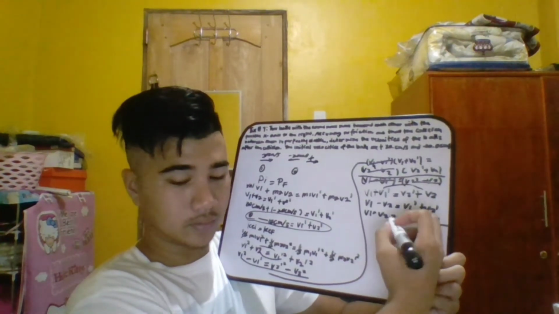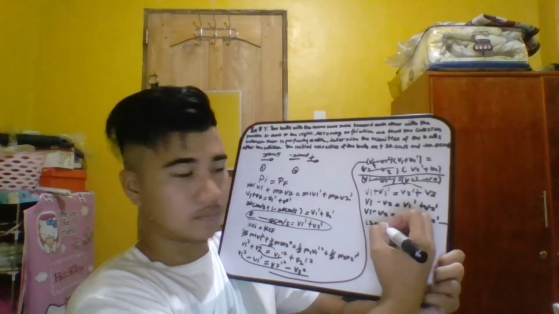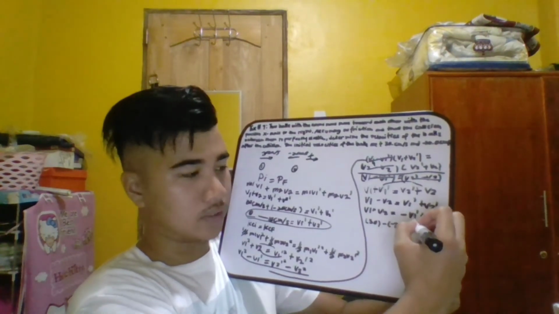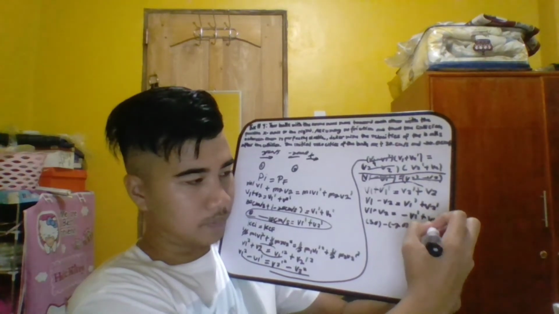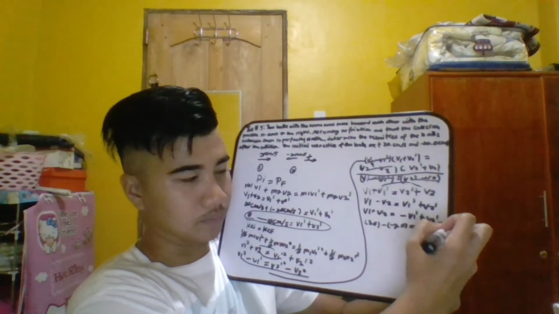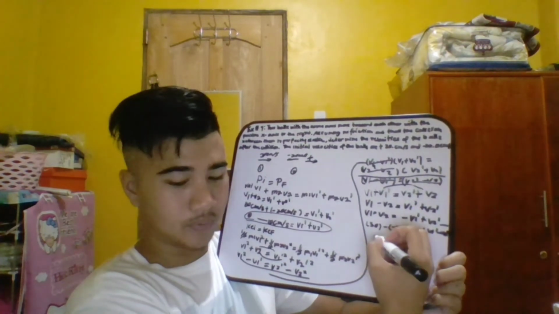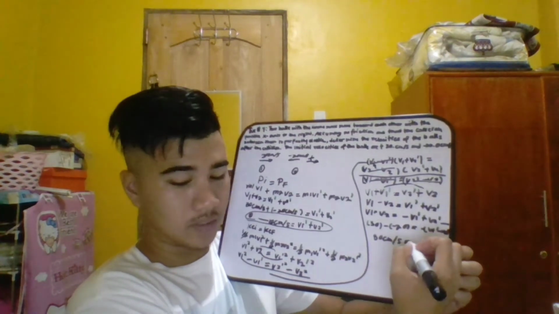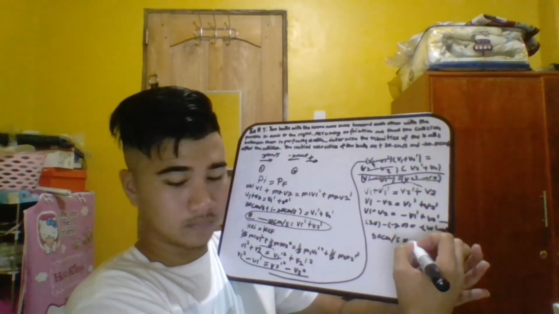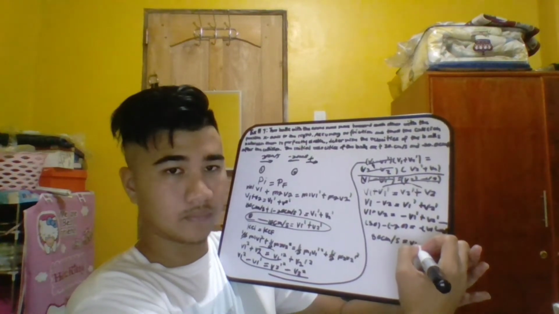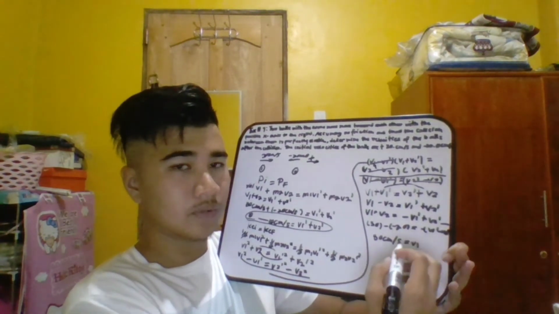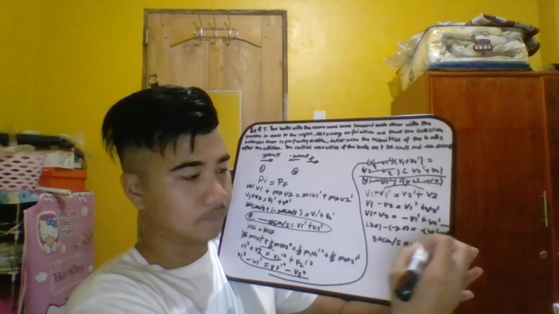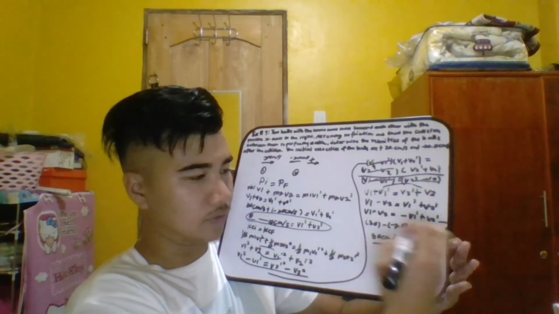This is 30 minus negative 20 equals negative v1 prime minus v2 prime. So this is 50 centimeters per second equals negative v1 prime, simply, minus v2 prime. So this is our equation 2.